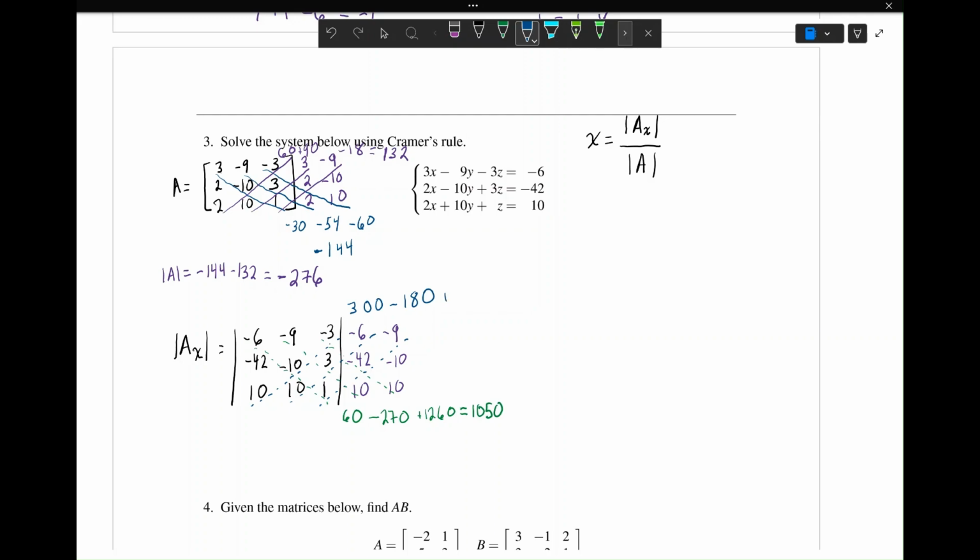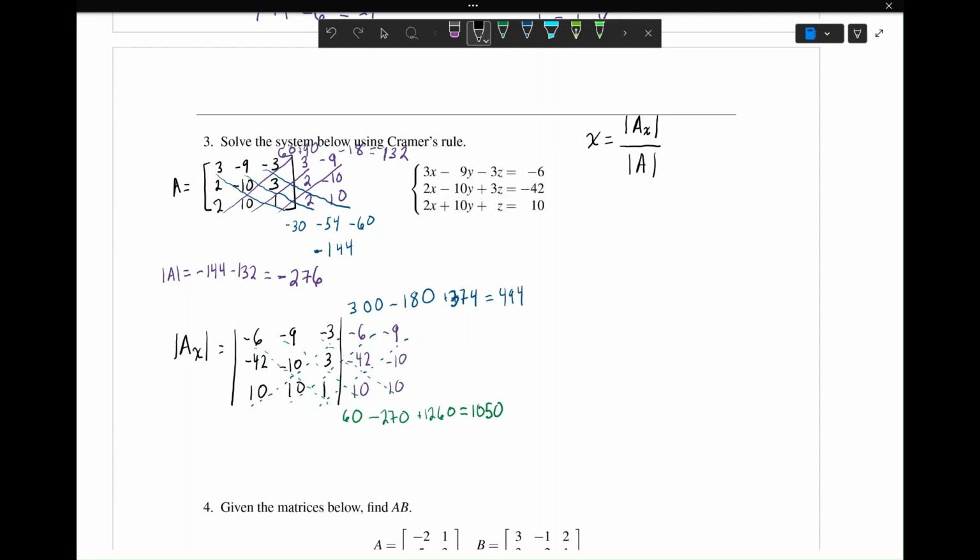Positive 378. Whoops, helps if I write the 300. And I'm going to go ahead and add those up. And that gives me 494.